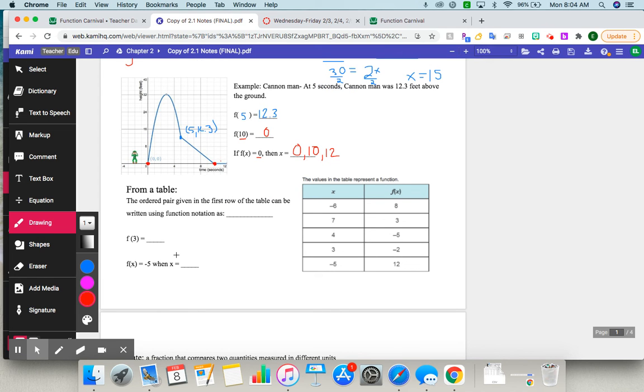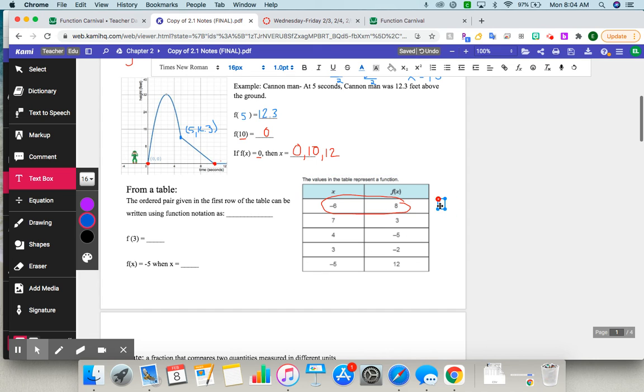Lastly, we can demonstrate using function notation from a table. The ordered pair given in the first row of the table can be written using function notation. So I'm talking about the coordinate pair -6, 8. So -6 is our input.